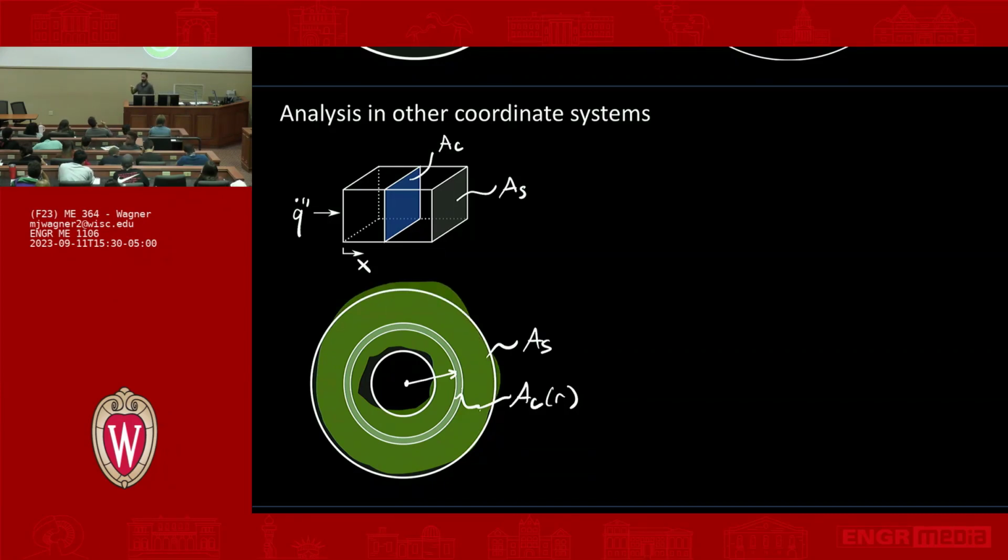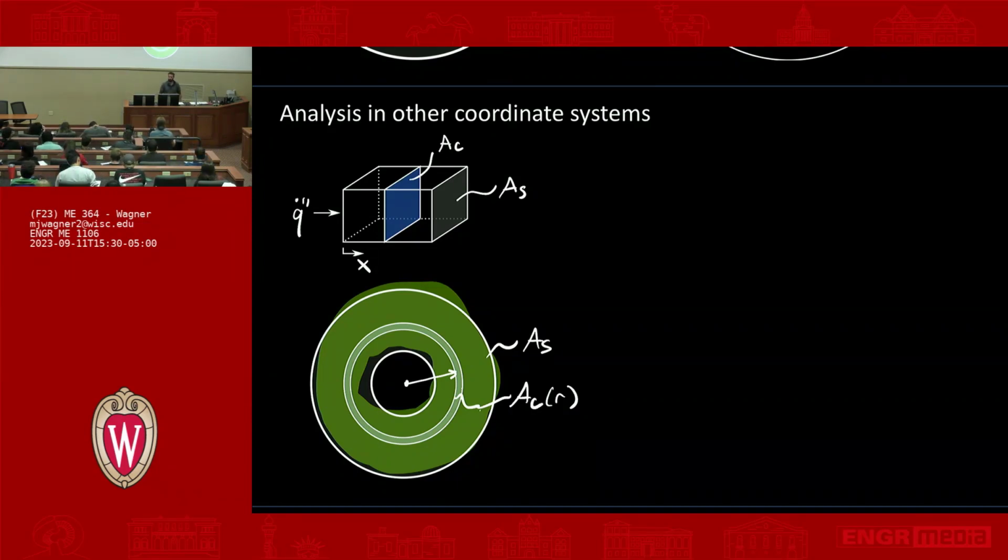And then the control volume is basically taking an infinitely thin slice in the r direction and doing an analysis on that. When we come to enforcing boundary conditions, we'll go through that. Basically, you take the area of the inner surface as one boundary condition and the area of the outer surface as another boundary condition, and you enforce both of them. Any other questions on this coordinate system area stuff?